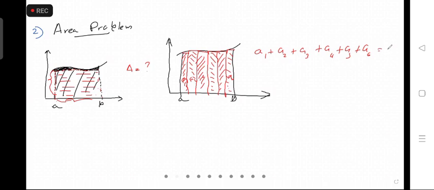Right? This is the total area covering this part.